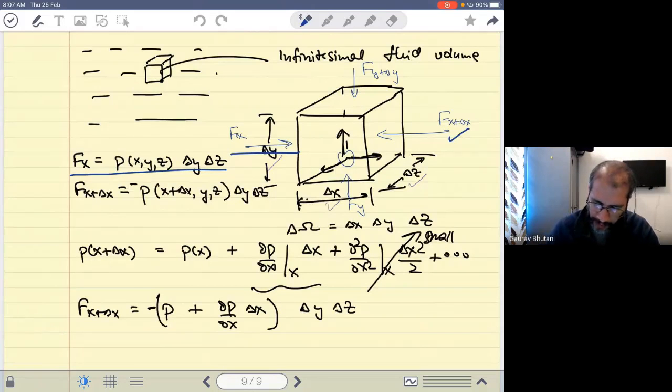And using a Taylor series, we were able to write the expression for f of x plus delta x in terms of the pressure values at location x. And we stopped there, so I'll continue from here.